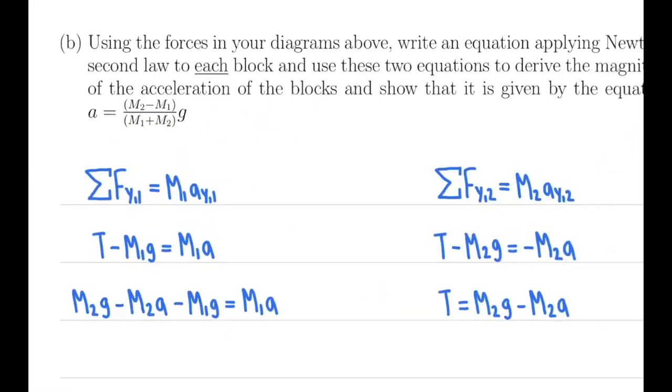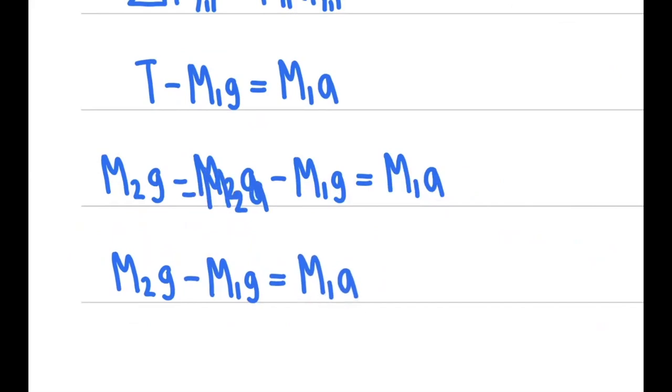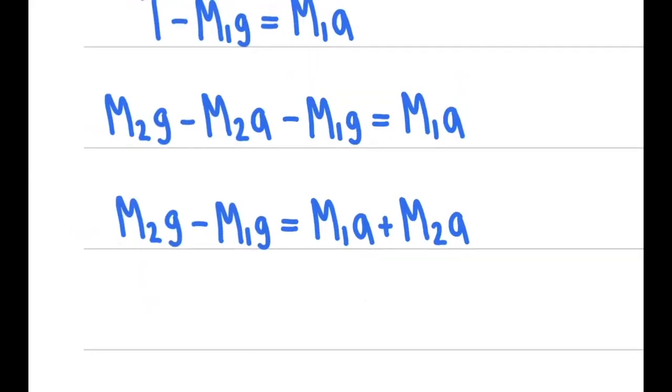So we're trying to find a. We're trying to prove that it equals this. So I'm going to get all the terms with a on one side and solve for a. So I'm going to add m2a to both sides. So you get m2g minus m1g equals m1a plus m2a. All right, so to solve for a, I'm going to factor the a out, and also on the left-hand side, I can factor g.